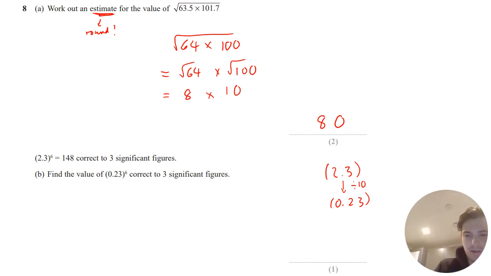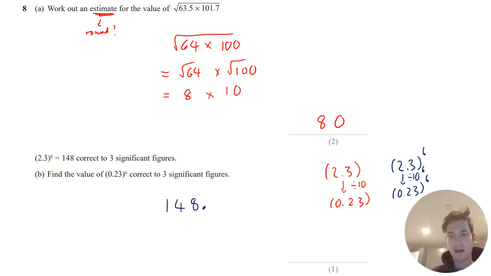But what about 2.3 to the power of 6 and 0.23 to the power of 6? Well, I actually think rather than divide by 10, I'm going to have to divide by 10 to the power of 6, because each time I'm moving back 1 decimal place. So I'm actually going to have to take my answer, which is 148, and move back my decimal point 6 times. 1, 2, 3, 4, 5, 6.